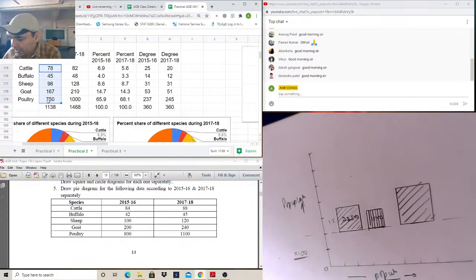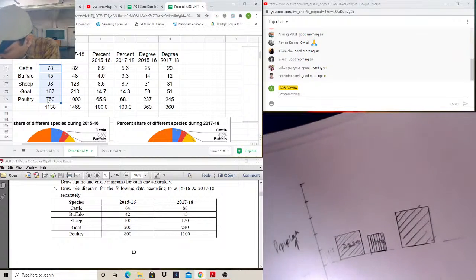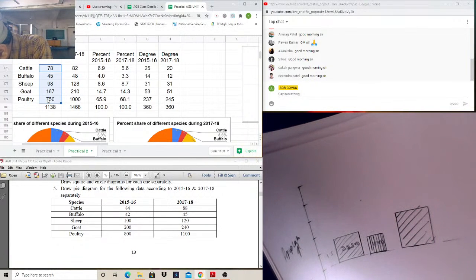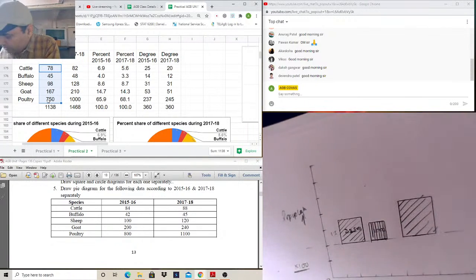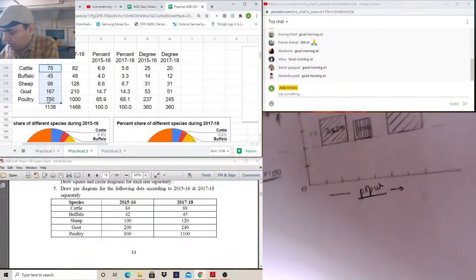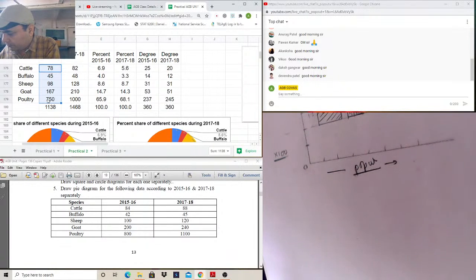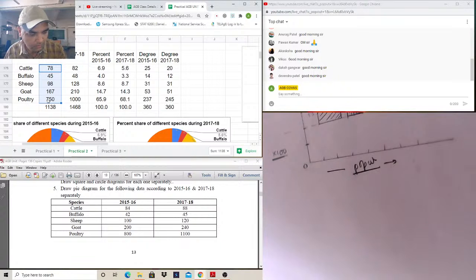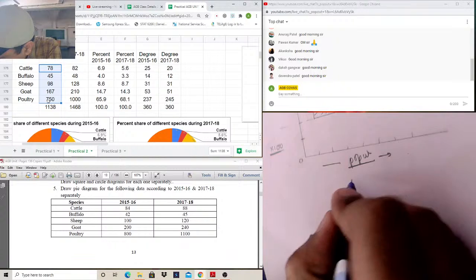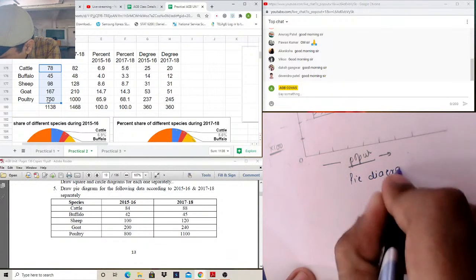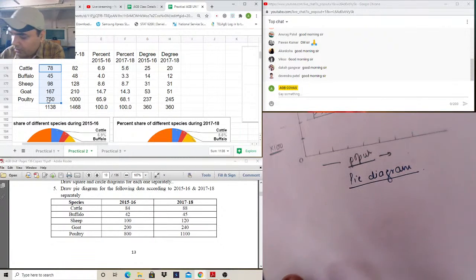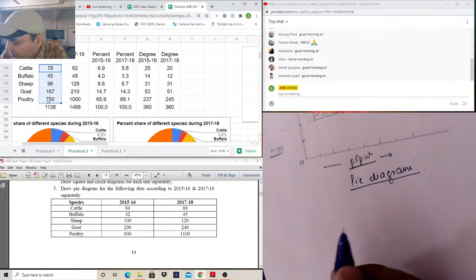So how to make a pie diagram? First of all, we have to do a little bit of calculation.